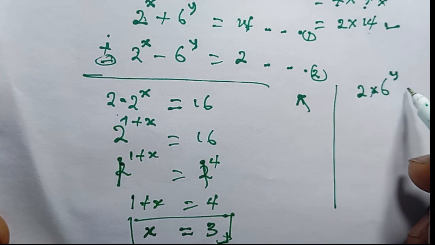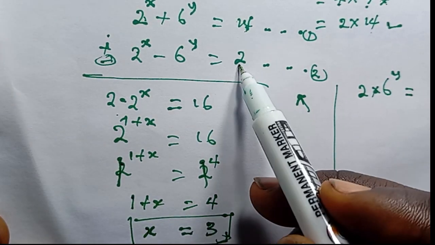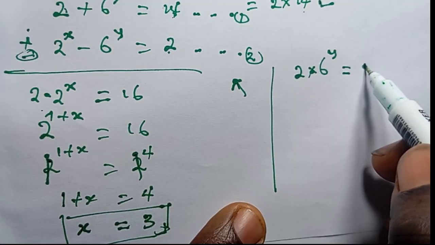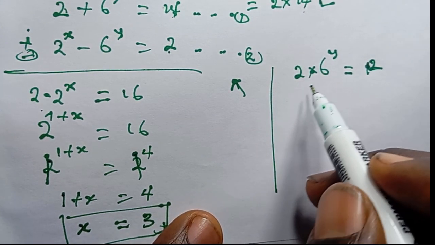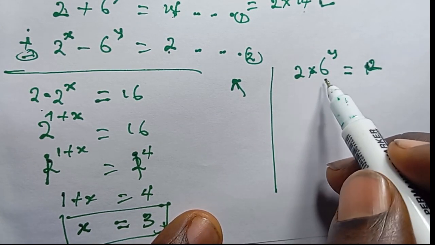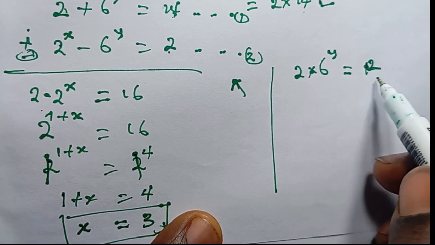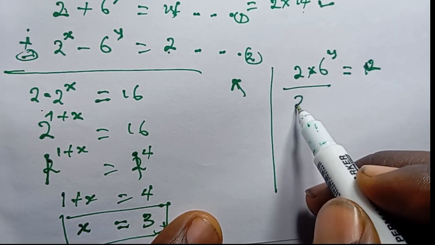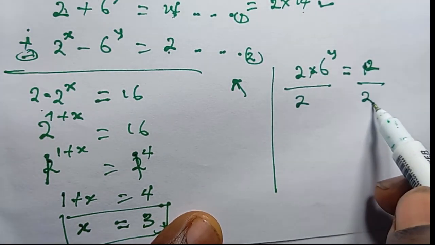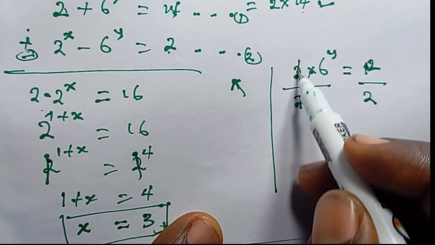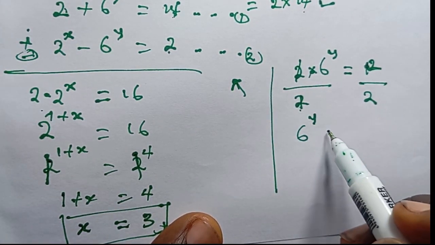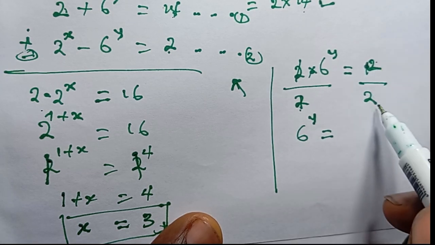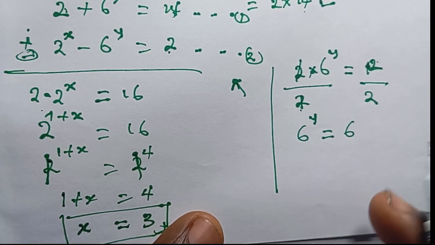Okay, and that will be equal to 14 minus 2, which is 12. Okay, so what we have is 2 times 6 power y is equal to 12. We can now go ahead to divide through by 2, so that this 2 cancels this 2, and then 6 power y now becomes 12 divided by 2, which is equal to 6.